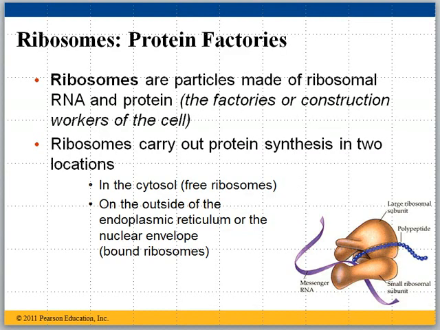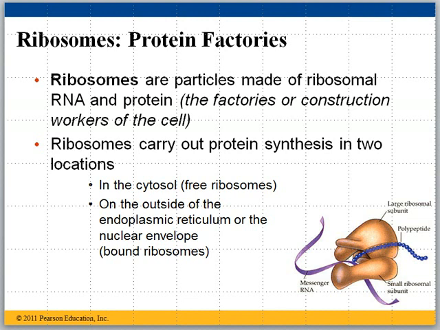And this organelle called a ribosome is made up of this ribosomal RNA and protein. And these guys are the workers, or you could consider them the miniature factories of the cells, the construction crew. They're the ones that carry out the instructions given by the DNA, and they're the ones that create the proteins. And the proteins, remember, are the building blocks for everything else, the building blocks for you and your cells and your body.